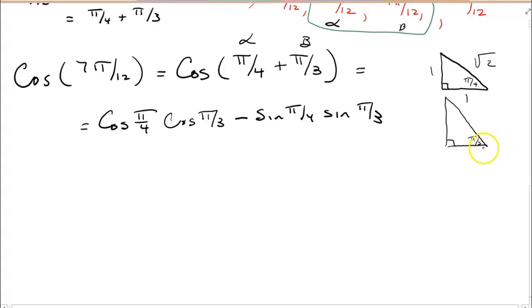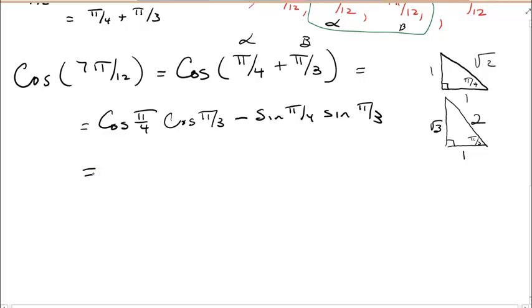So pi over 3, that's a 60-degree angle. That's the larger one. So the 1's there, the 2's there, square root of 3. So as long as you know those angle relationships with your 30, 60, 90 and your 45, 45, 90 triangle, we can work this. So I refer to my triangles.